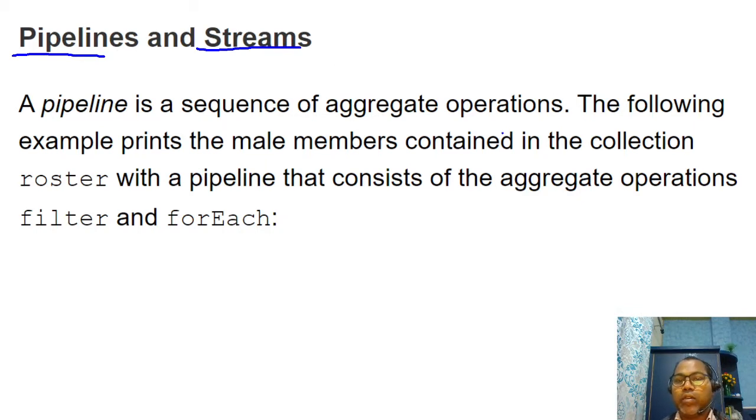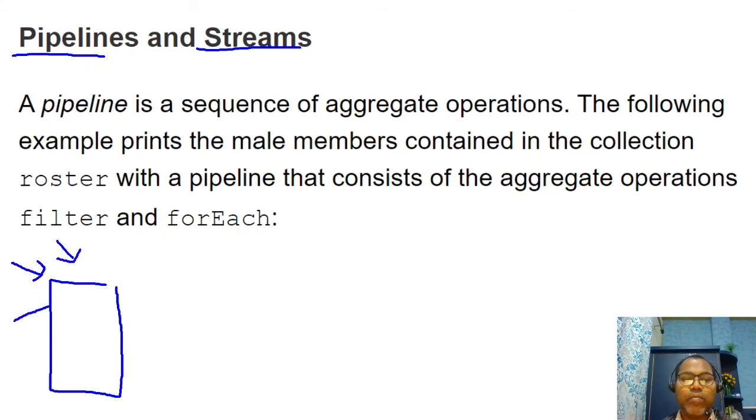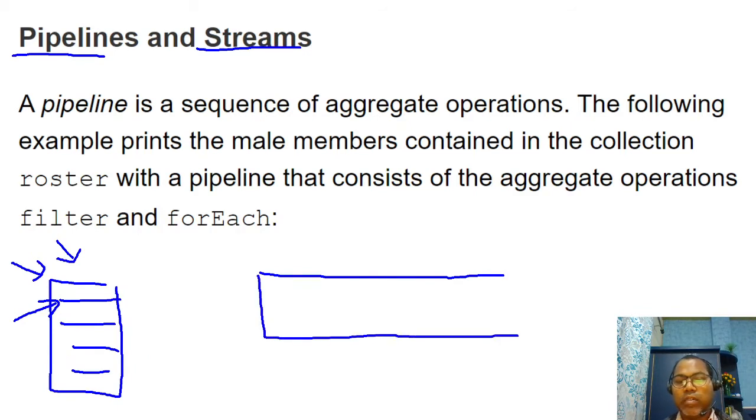The collection we know. First we need a data source, like any collection or file system. From this data source we build a set of operations, say function 1, function 2 and function 3.